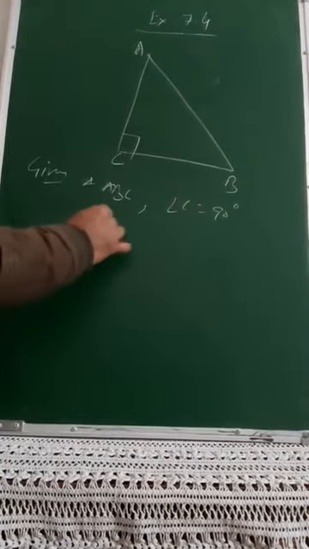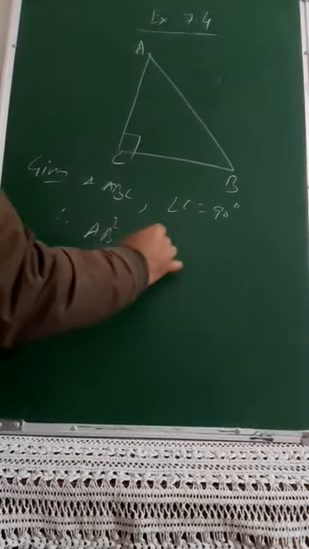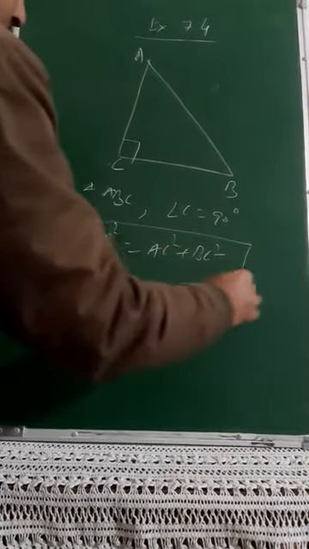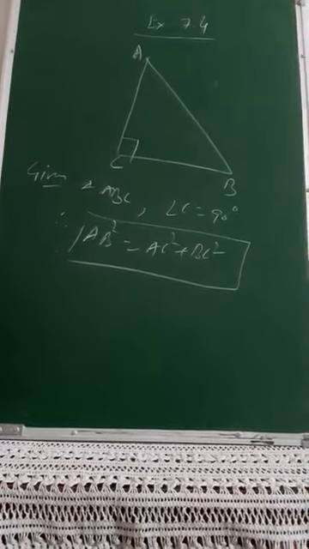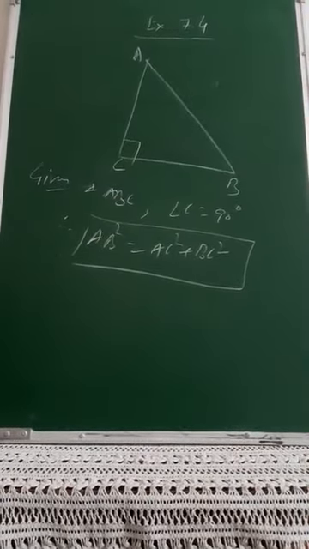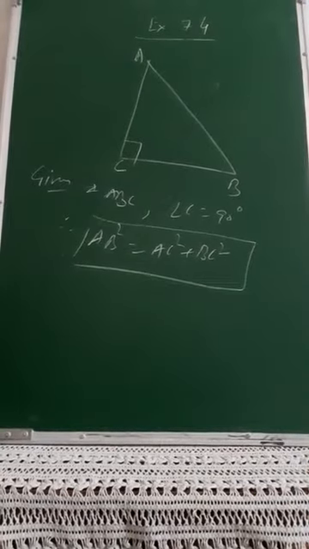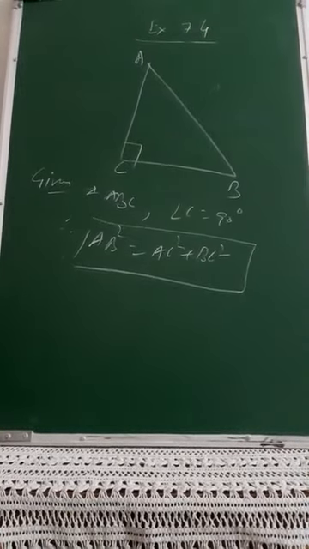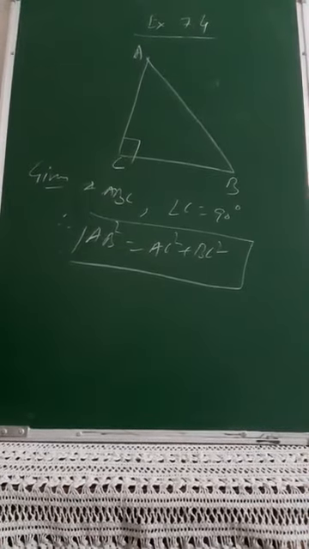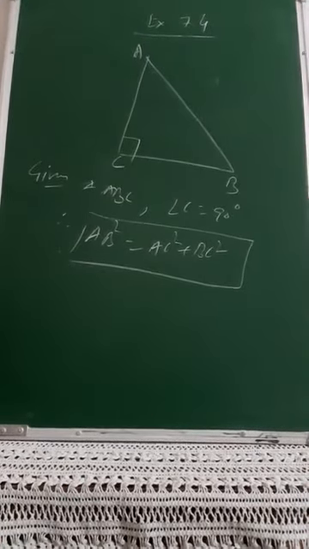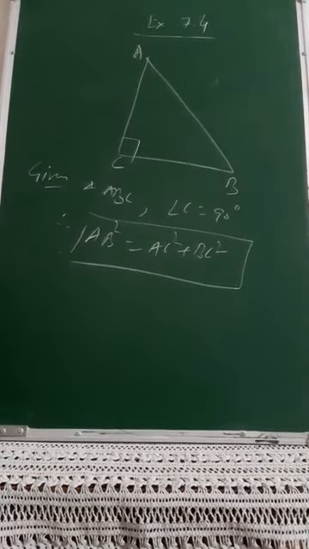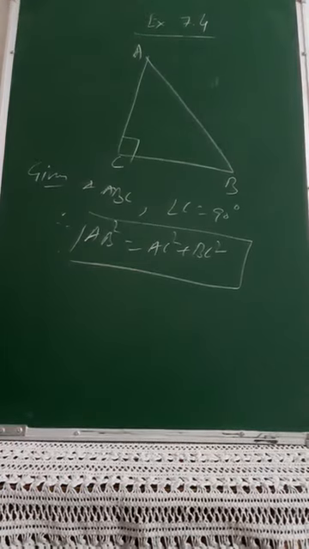So therefore AB square will be equal to AC square plus BC square. I hope all of you will be agreeing. Hypotenuse square is always equal to perpendicular square plus base square. Say this is not the longest side.